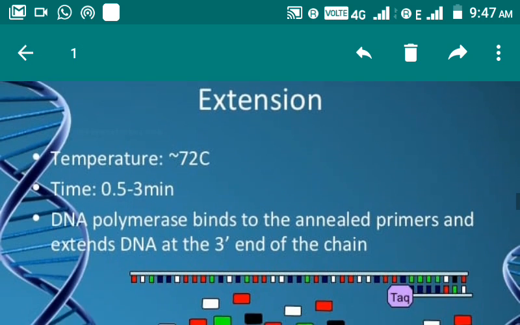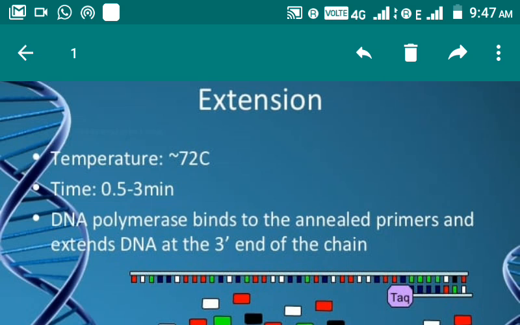Now extension. This is the final step of PCR. In this stage, Taq polymerase will bind to the primer and extend the synthesis of DNA at the 3' end of the chain. So this is the extension and it requires all the raw materials like dNTPs. Temperature will be 72 degrees.